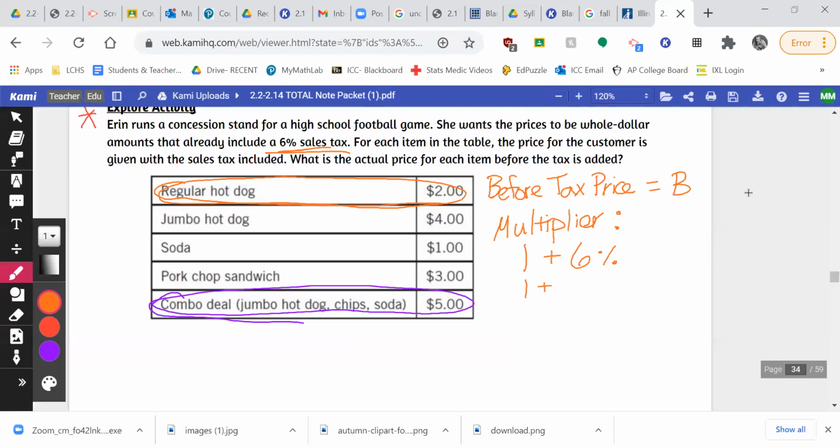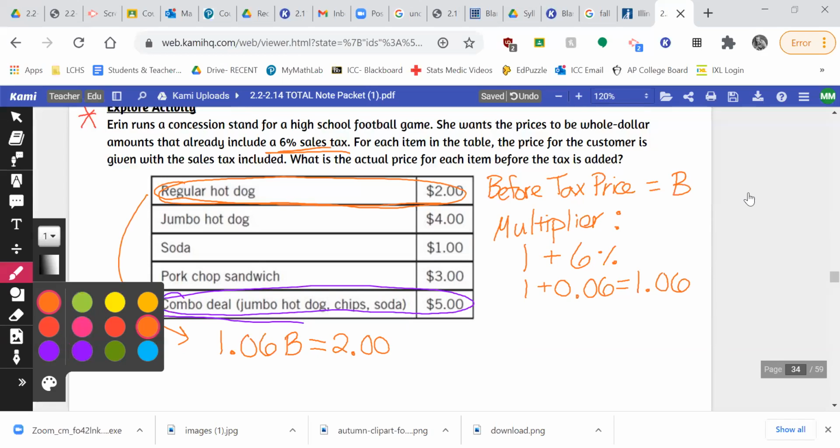So it's going to be 1 plus 0.06, which will be 1.06. So I'm going to think of this as I want 1.06 of the cost before the tax to equal the $2. So this is my equation for my regular hot dog.